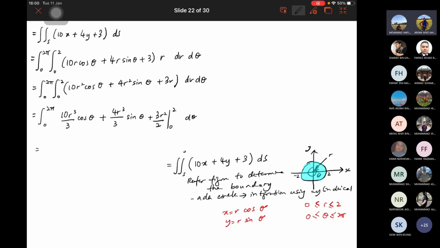Okay. So settle up for this one akan dapat integration of 0 to 2 pi, 80 per 3 cos theta tambah 32 per 3 sin theta tambah 6, d theta.